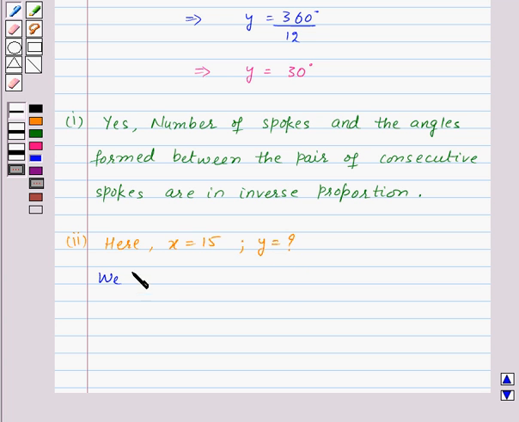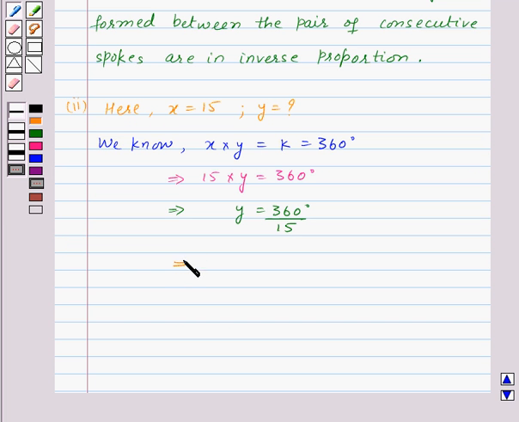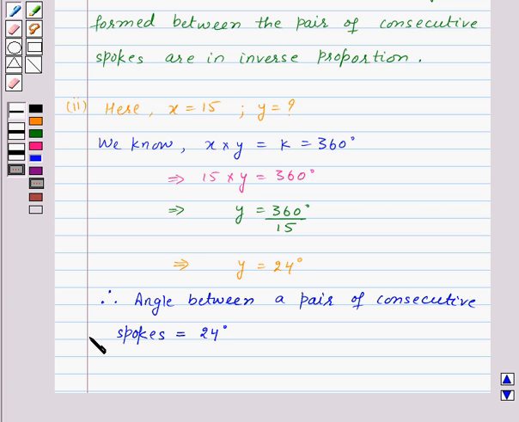Now again we know that x into y is equal to k, that is 360 degrees. So this implies 15 into y is equal to 360 degrees. That is, y is equal to 360 degrees upon 15. Implies y is equal to 24 degrees. Therefore, angle between a pair of consecutive spokes is equal to 24 degrees.